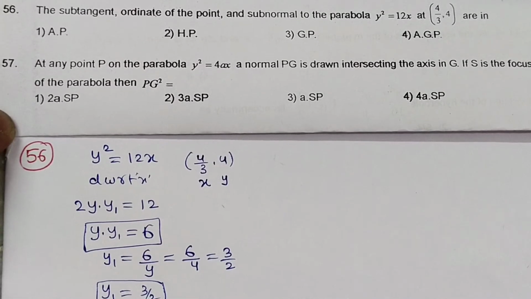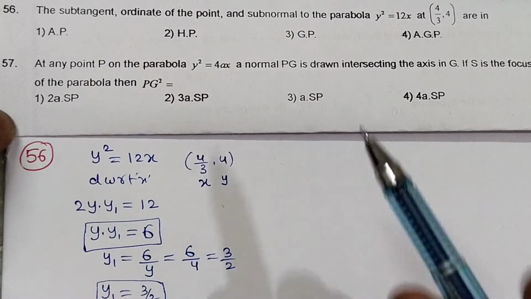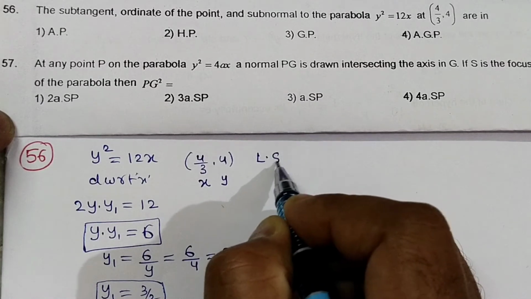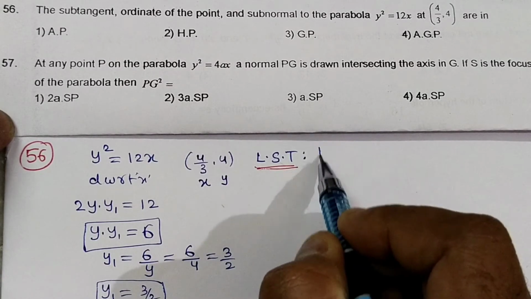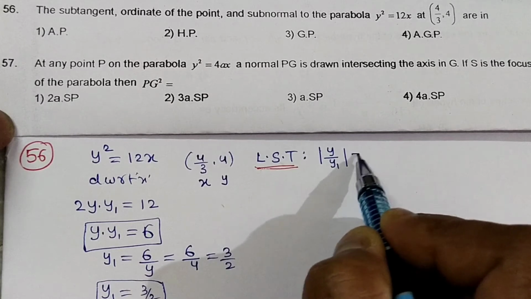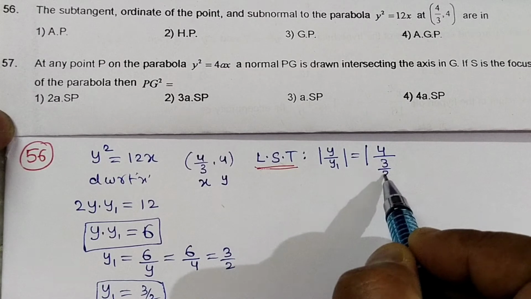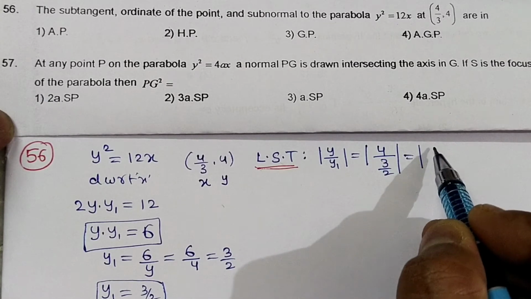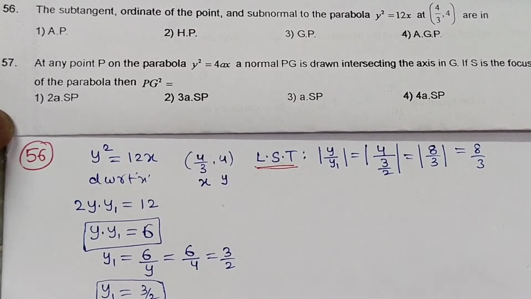After getting these values, one by one we will calculate. First, the length of subtangent, LST. Length of subtangent formula is mod y by y1. Y value is 4, y1 value we got as 3 by 2. So denominator of denominator goes to numerator: 8 by 3. Next, ordinate.